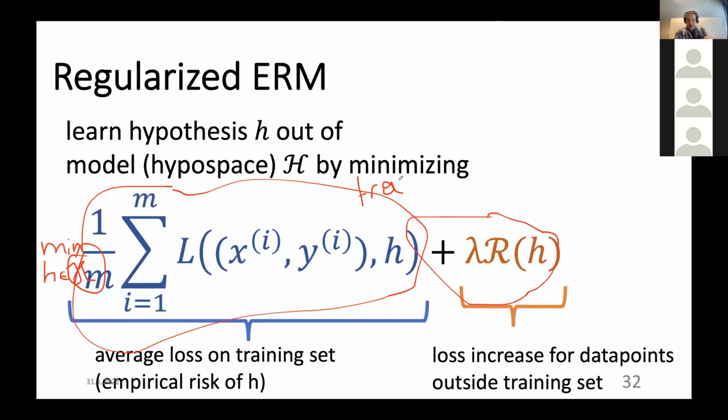And in regularization, we add a term which uses some regularizer, which could be, for example, the square of the weights. This could be such a regularization function. But again, there is a design choice. There are different options for this regularization function. And this here is an estimate of the loss increase when we apply the hypothesis outside the training set.